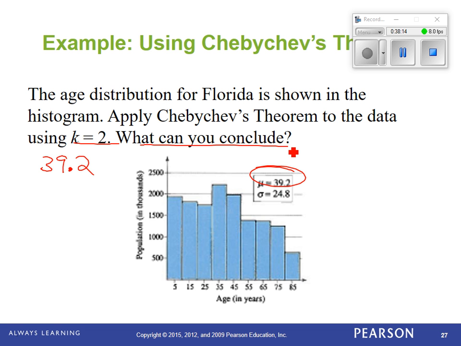That's a big part of statistics, being able to say, okay, that tells me this. If the mean is 39.2 and we want to be within 2 standard deviations of that, we'd take 1 minus 1 over 2 squared. We just did all that, that's about 0.75, right? 75%.